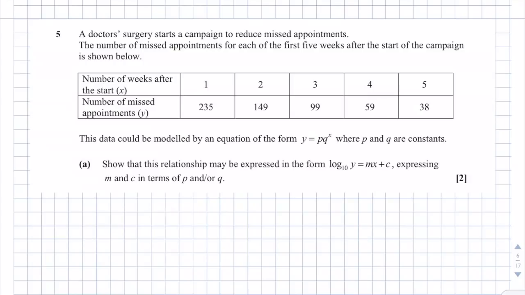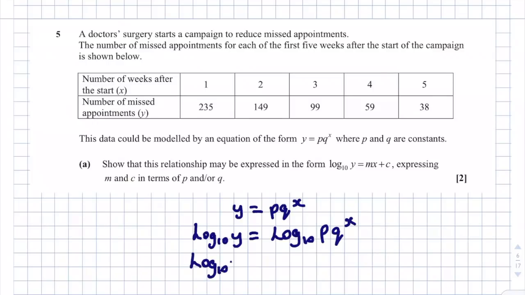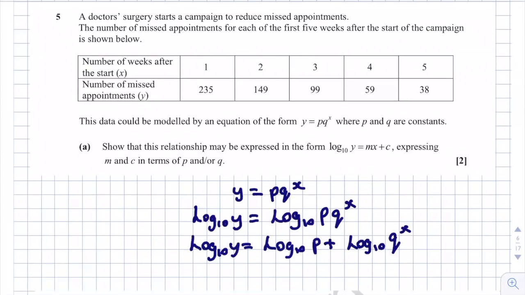Okay, so we need to rewrite the equation y equals pq to the power of x in the form log to the base 10 of y equals mx plus c. We can take log to the base 10 of both sides. We can then simplify the right hand side using our log laws. We get log to the base 10 of p plus log to the base 10 of q to the power of x, and then we can bring down the power of x to the front of the logarithm.